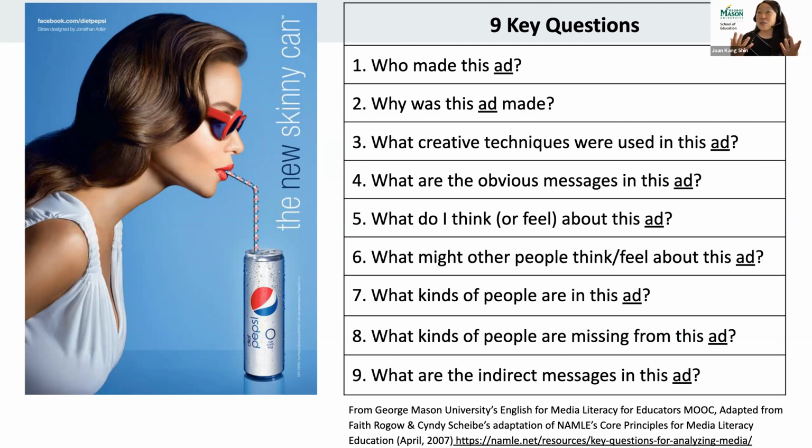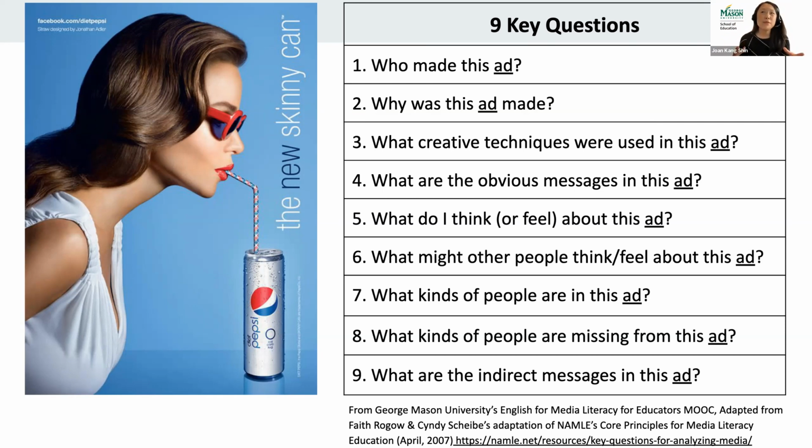The other thing that we might think about in terms of the indirect messages is, of course, that we're making some assumptions about the audience of this ad. Because if I'm saying, okay, it's a skinny can, zero calories, so that you can be skinny, the assumption is you, as the audience, already know that it's good to be skinny, or that's the goal, right?